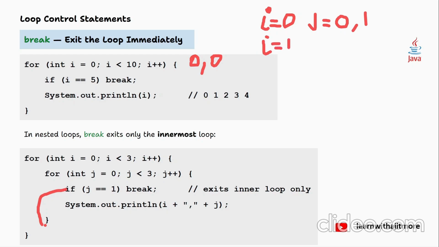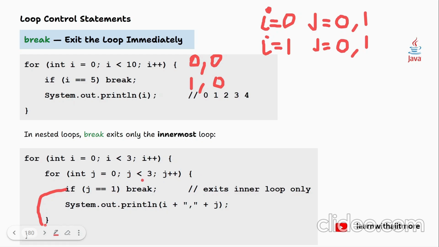Now when i becomes 1, is 1 less than 3? Yes. Again come inside. Again j starts from 0. j equal to 0. Is 0 less than 3? Yes. Come inside. Is it 1? No. Then print that combination, 1, 0. After the 1, 0 combination, again j plus plus, j becomes 1.